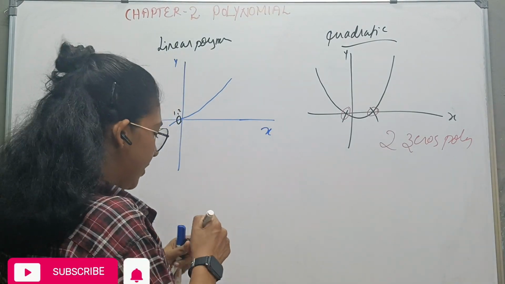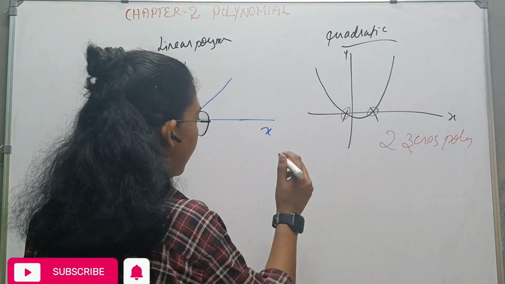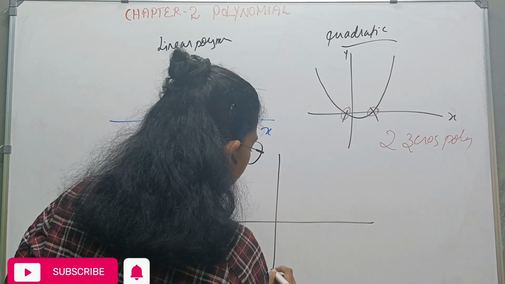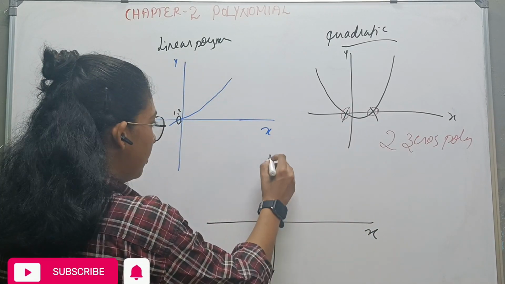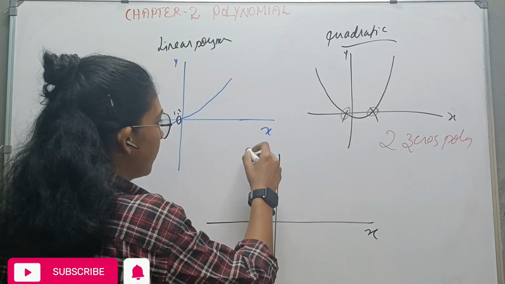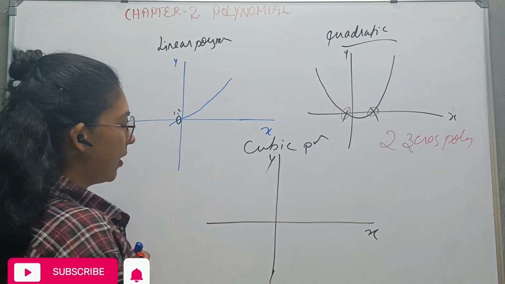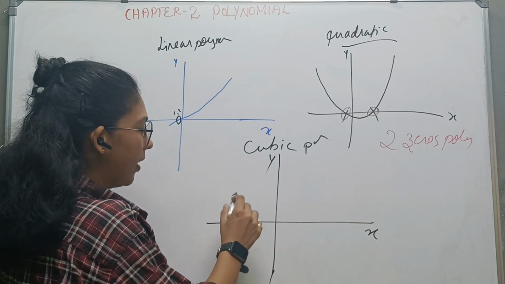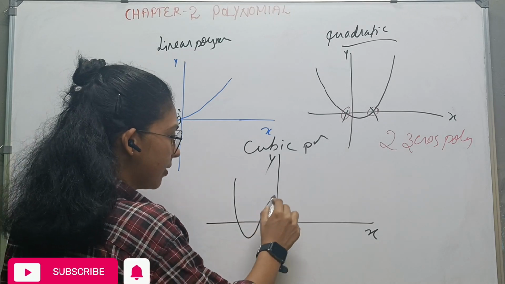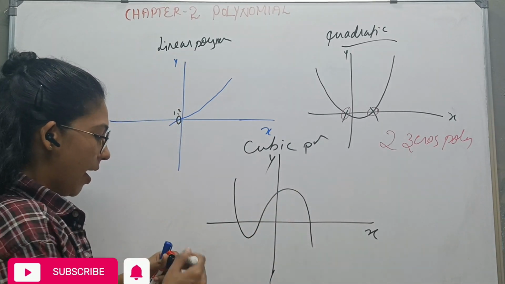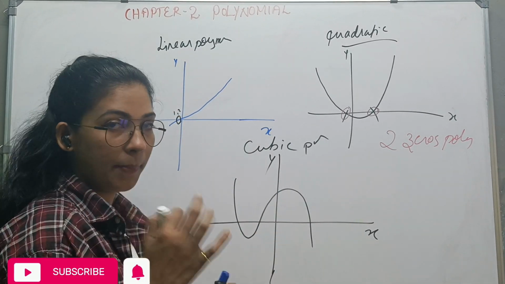And finally, this is for the cubic polynomial, and the line should be like this. It touches 3 points.